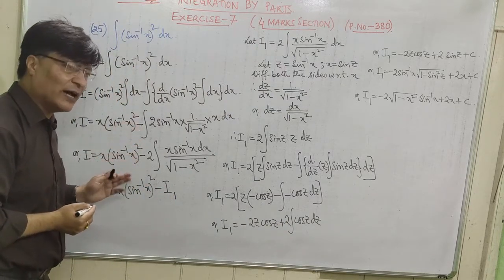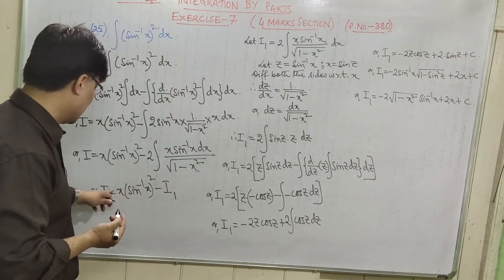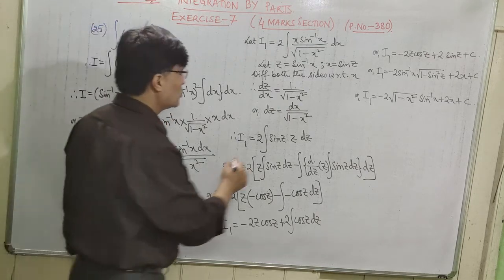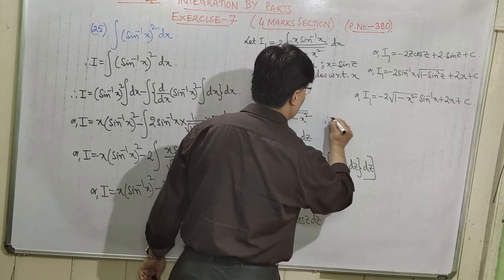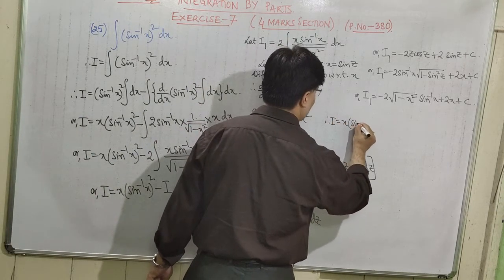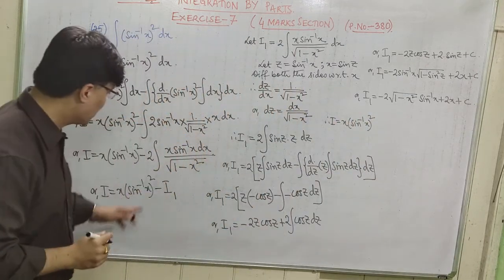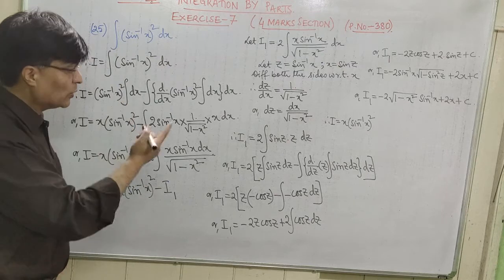But you have to get the value for I, which is the answer, isn't it? So let us put this value of I1 in I. So therefore, what is I now? Which is the first term? X into sine inverse x whole square. That is the first term. Now it is minus I1, so let us change the sign.